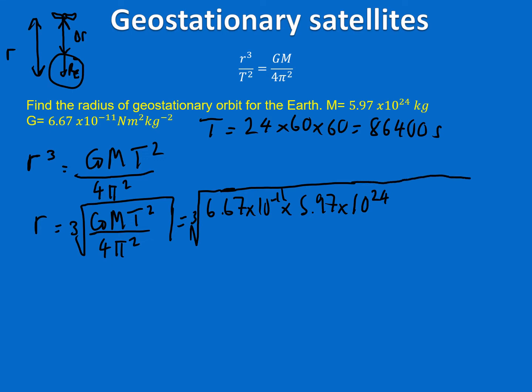Remember, the time period is squared, so we need to square this value. And this is all over 4 pi squared.